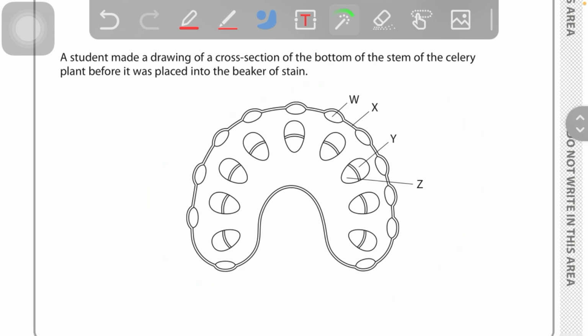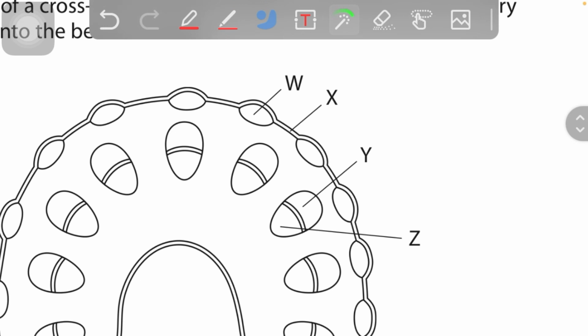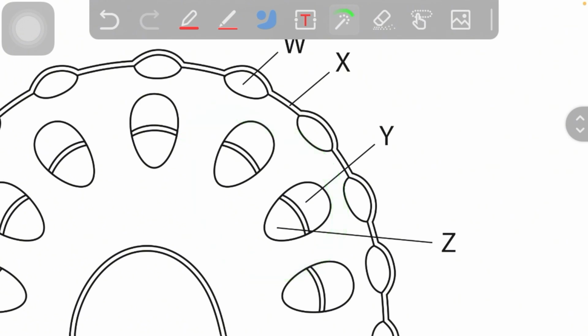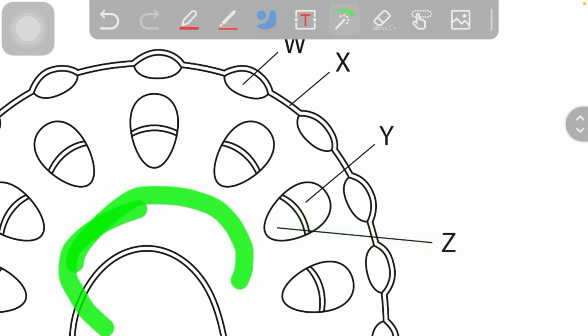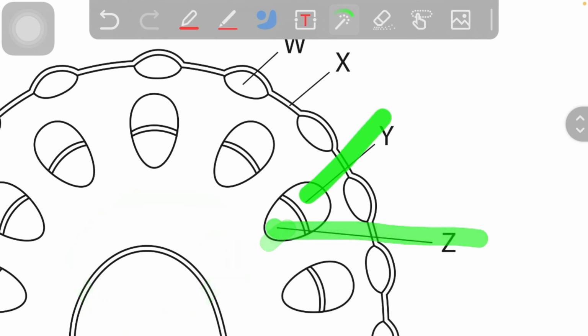Okay, so at first let me just name these parts. Here it is known as the vascular bundle. In a vascular bundle, the lower one is the xylem, and the upper one is the phloem.